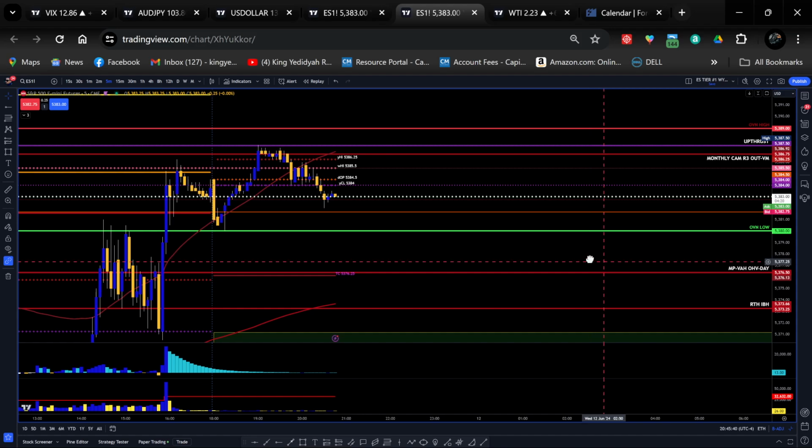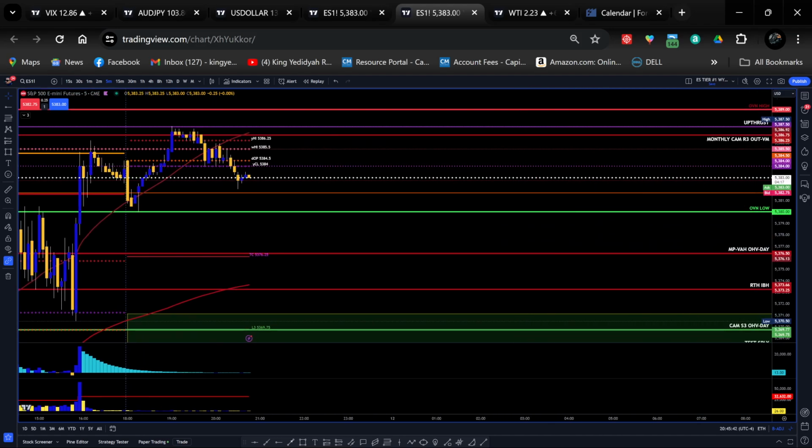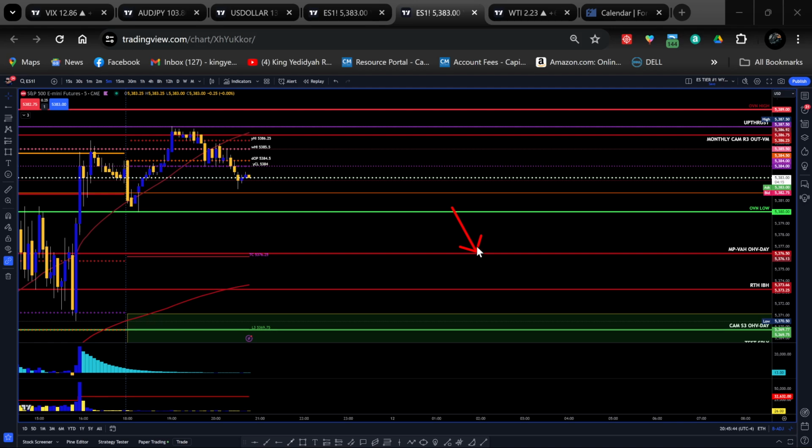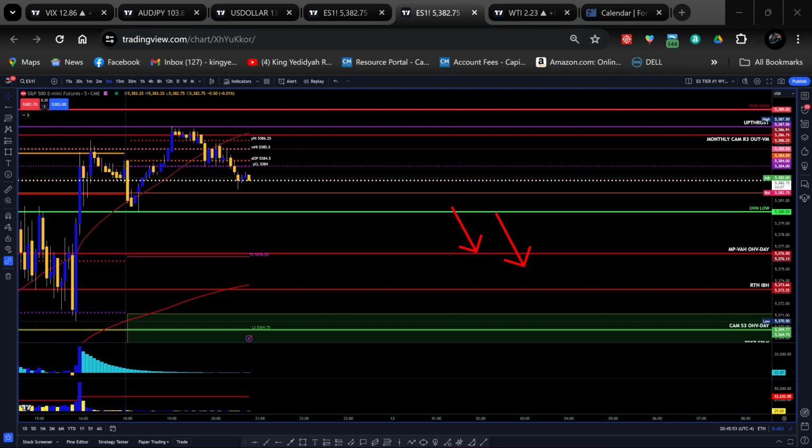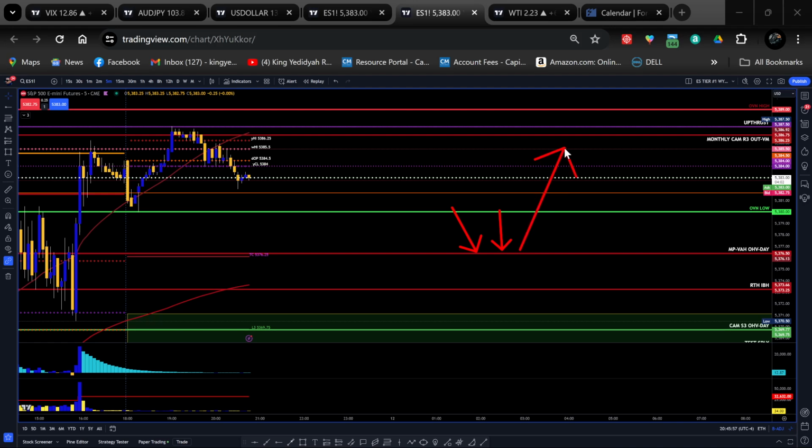If we do come down to these levels, we have the market profile value area high. That's an overlapping higher value day, so moderately bullish on that. This could be a retest level as well. That's another long for me. I would go long off of a retest and support off of this and back up to yesterday's high 53.8625 and beyond, right?